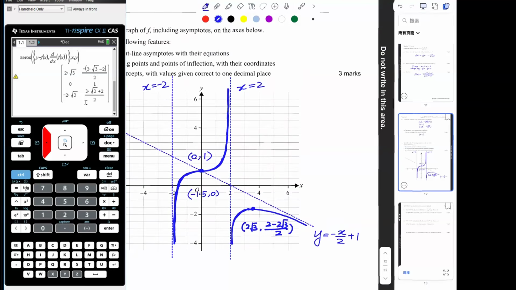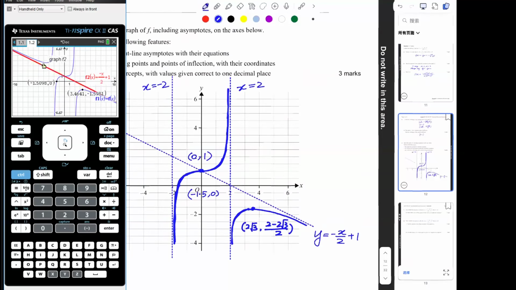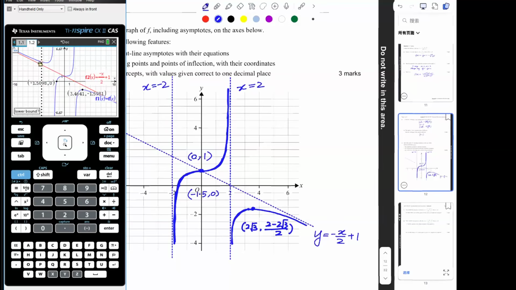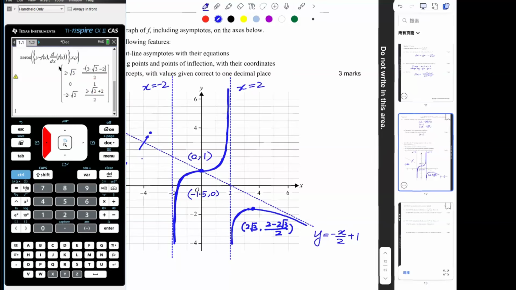And then the other point is roughly here. That's minus 3.5, roughly speaking, and 3.6. So I believe it's somewhere here. I just put an arrow here, and that's minus 2 root 3. And then this should be 2 plus 2 root 3. Actually, 3 root 3.